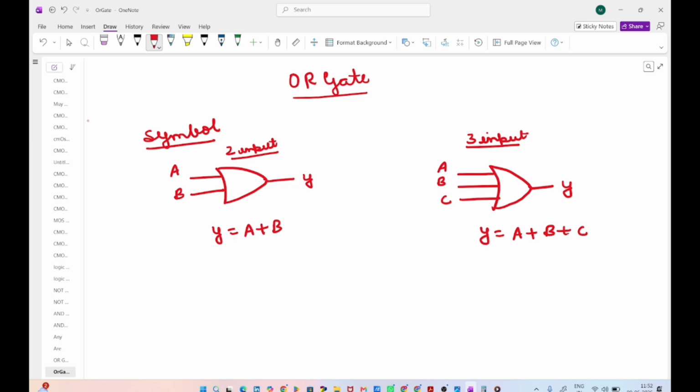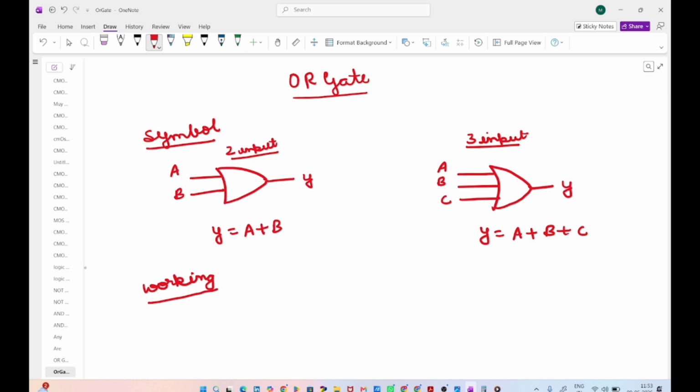Let us discuss the working of this here. Its working is simple, guys. If any one of the input is 1, the output is 1. That means if A is equal to 1, B is equal to 0, the output is 1. A is equal to 0, B is equal to 1, output 1, and then A is equal to 1, B is equal to 1, the output is 1.